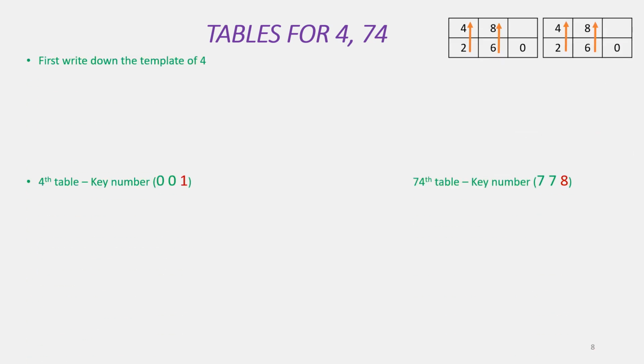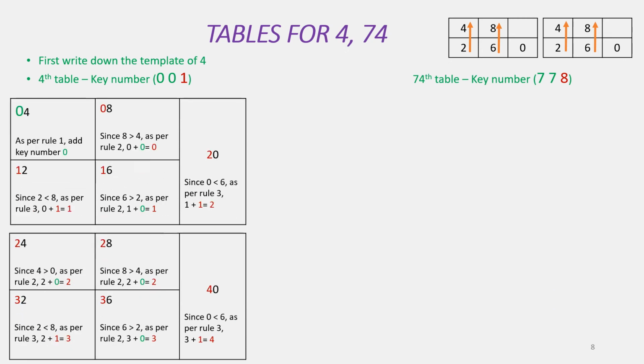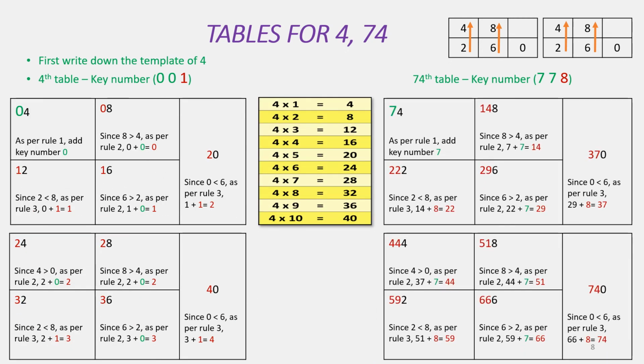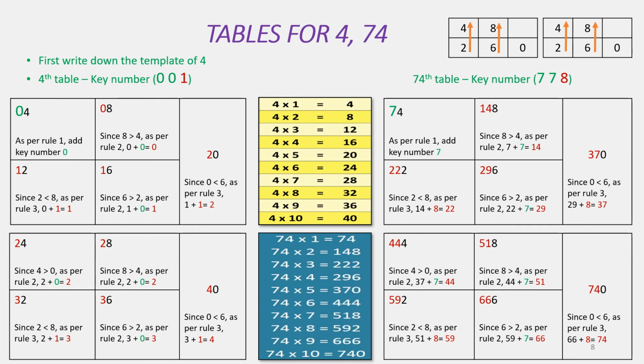Similarly, the tables for 4 and 74. Since it ends with 4, we have to use the template of 4. Then write the key numbers respectively. Use the three rules to write those tables and check the values again here.